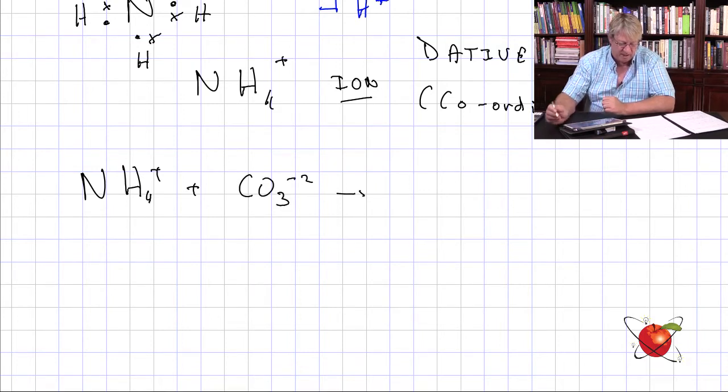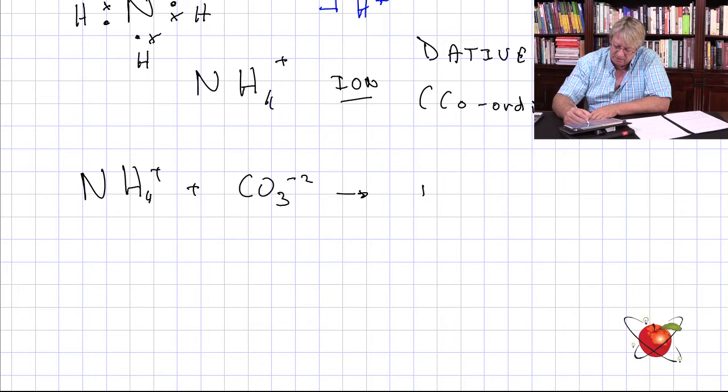What is happening here? Because essentially we're looking at the acid-base formation here, aren't we? We are putting carbonate and ammonium together. What happens here essentially is this. You form NH3 plus HCO3 minus.